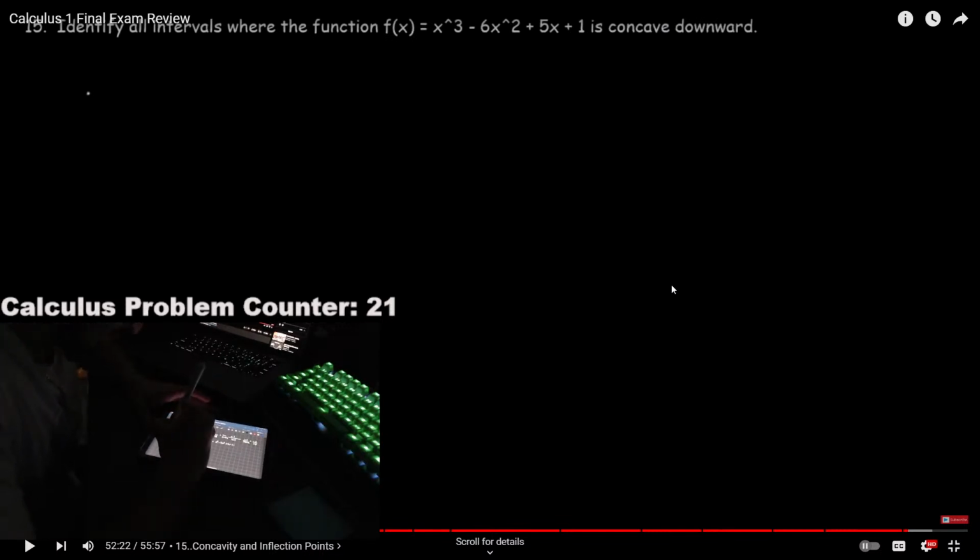So f prime of x equals 3x squared minus 12x plus 5.